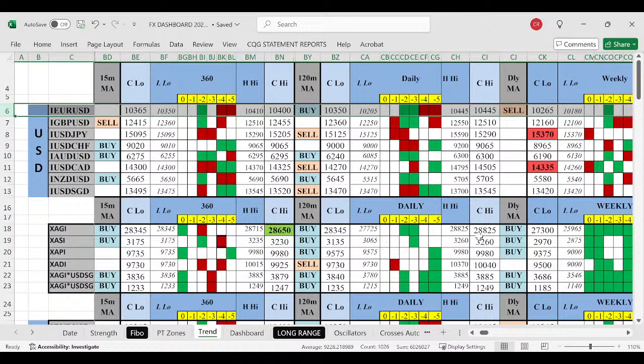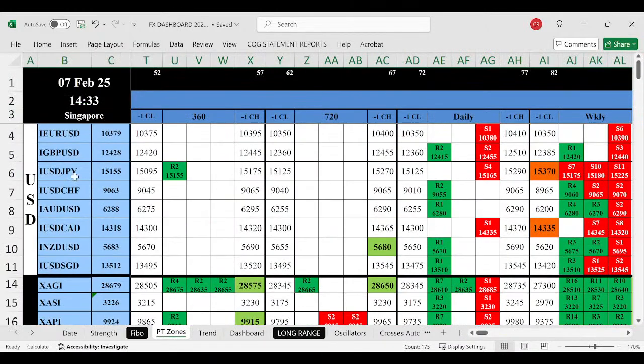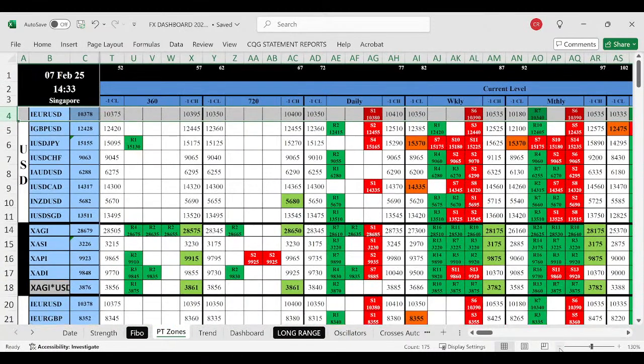On the downside, if 103.65 breaks, then I think the downside should be limited, because the trend is still up, and we still expect the price to move higher. The PT zones are telling us similar info.